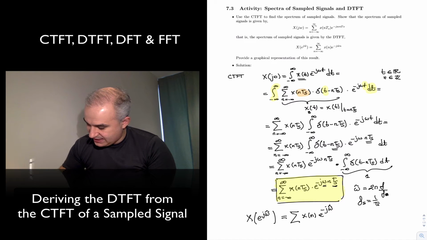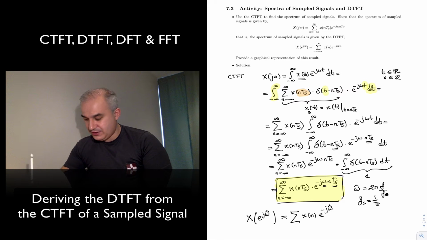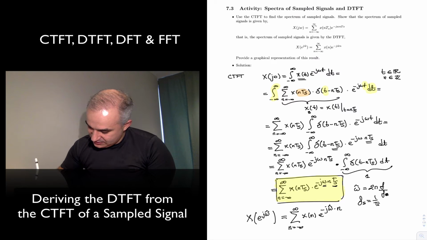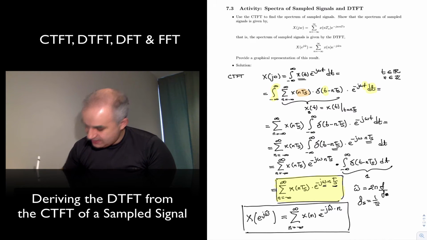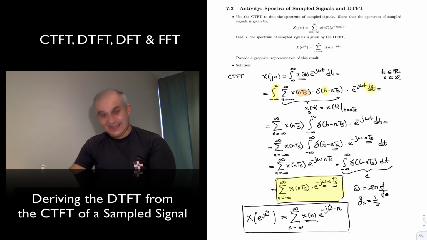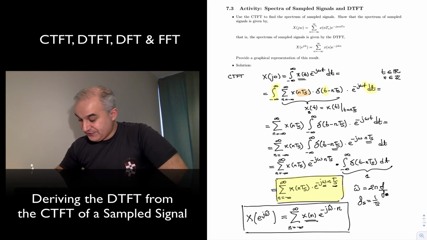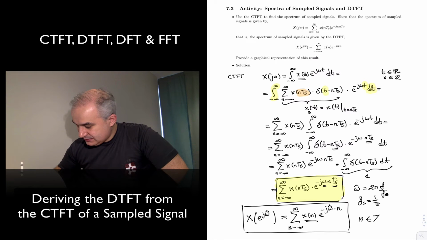Notice that omega times Ts here, so I'm going to give omega hat. And this transform that you can use for a discrete time signal, for which a function n is an integer.